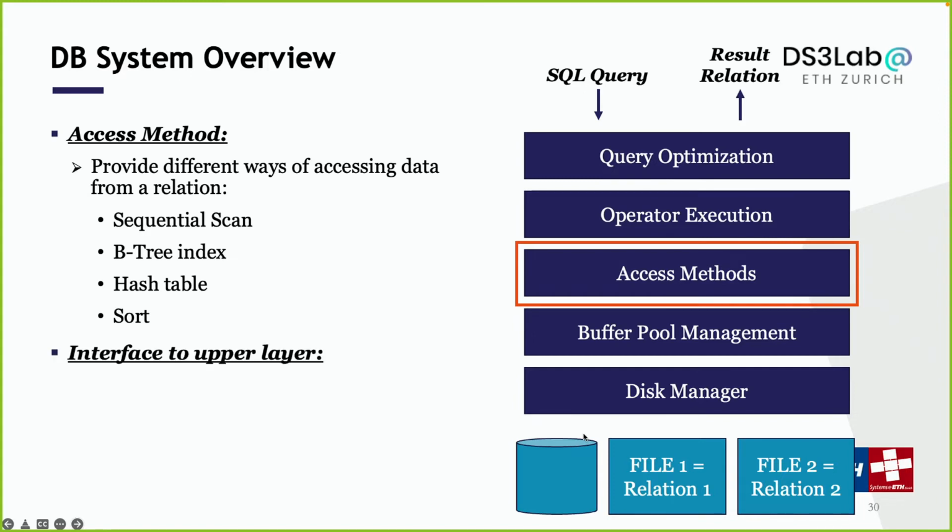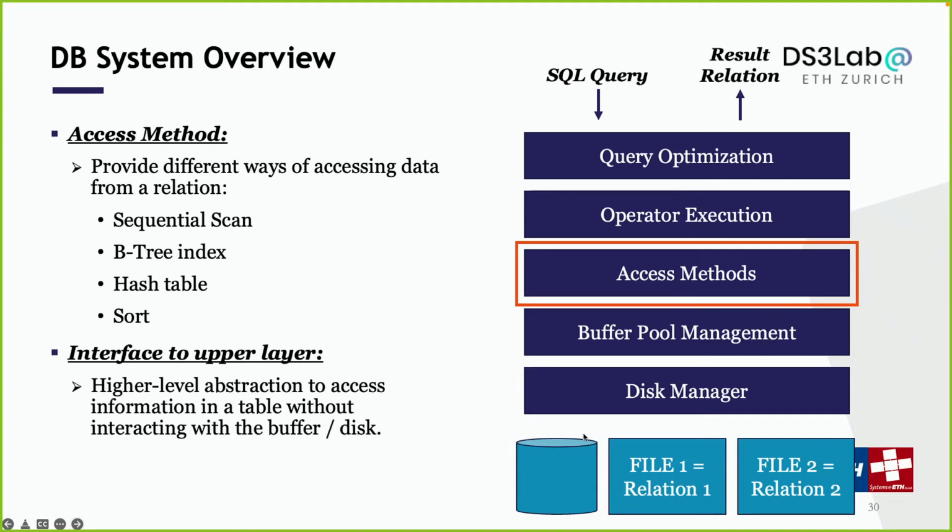Essentially, the interface to the upper layer is a higher level of abstraction to access information in a table without interacting with the buffer or the hard drive. The upper layers will not talk to the buffer. They will only use this collection of access methods to access information.